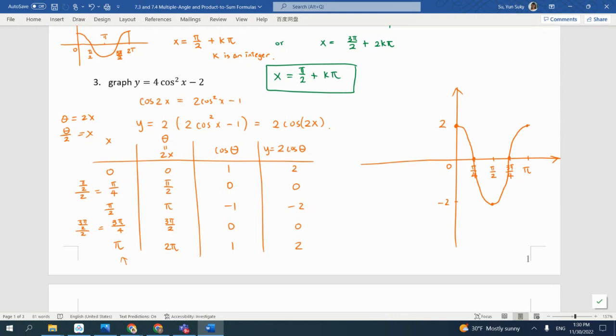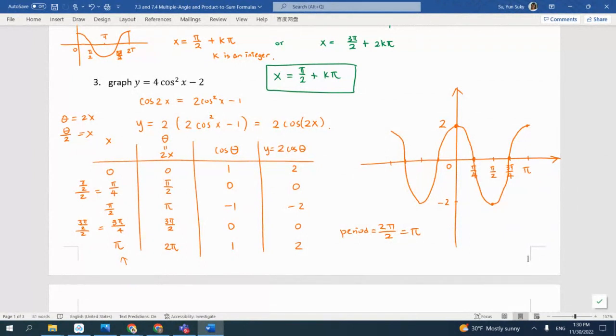And usually in the exam, I will ask you to draw 2 periods, right? So you draw the same length again, and then you go down, go up like that. What is the period? 2 pi over 2, which is pi, right?